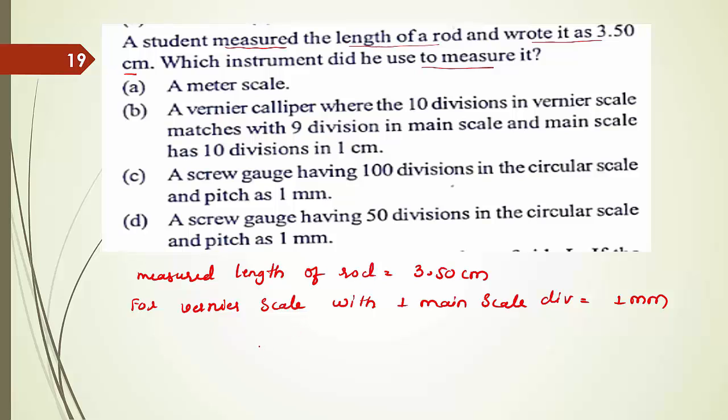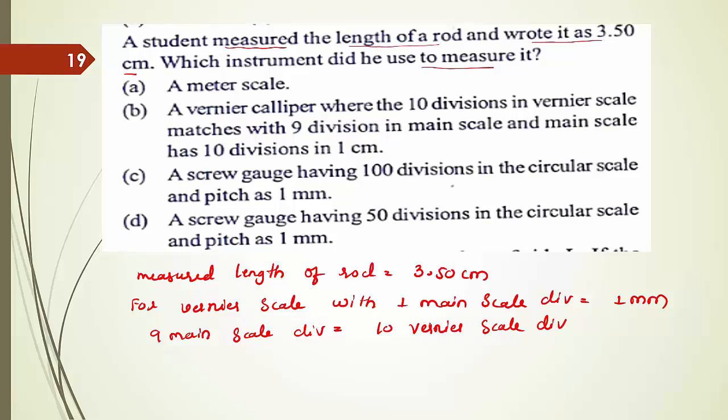Similarly, 9 main scale divisions is equal to 10 vernier scale divisions.